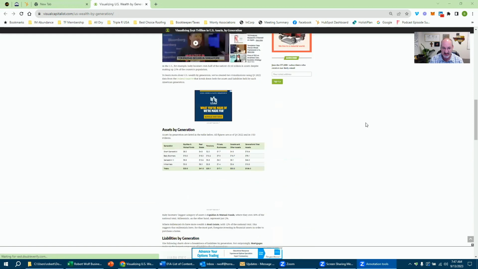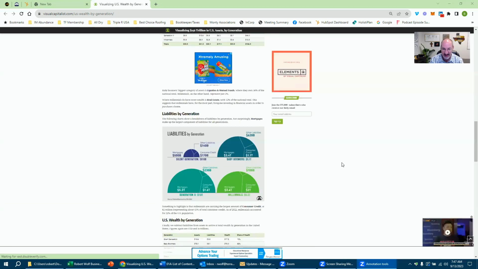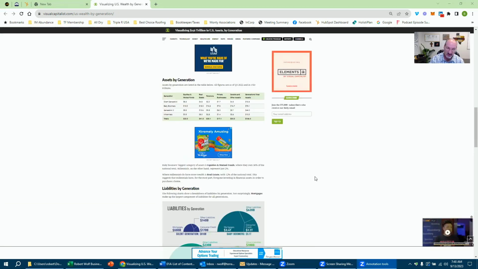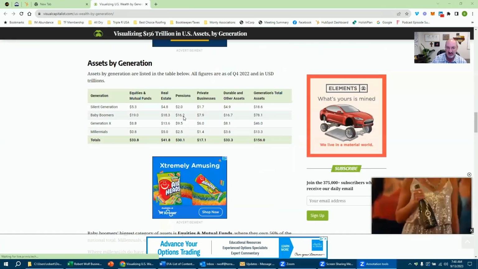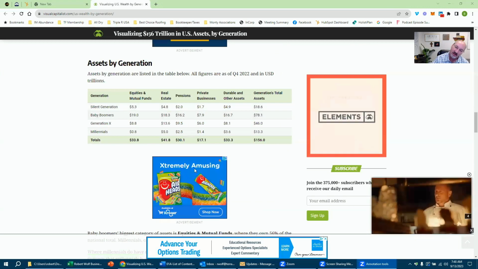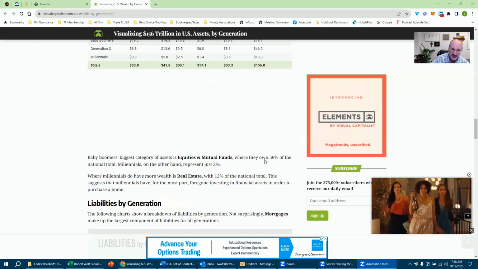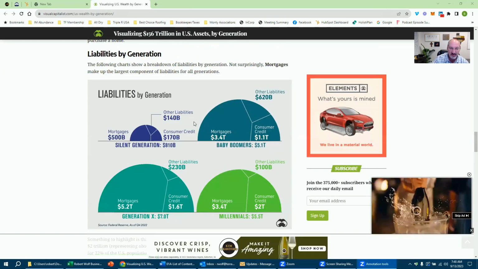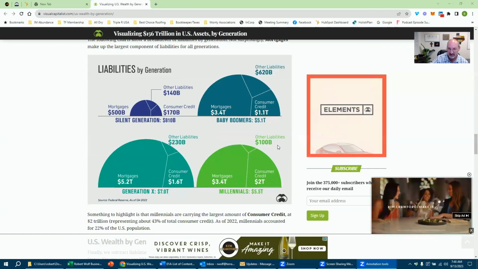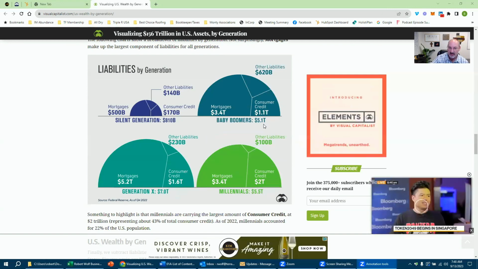Now, let me increase the size here some more. Assets by generation breaks down in a kind of spreadsheet look. Then we can go into liabilities by generation. The liabilities are also something important to understand. Boomers have 5 trillion, which makes sense, and mortgage is 3.4 trillion.